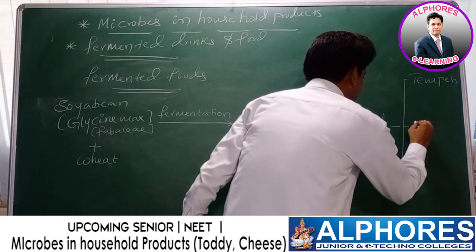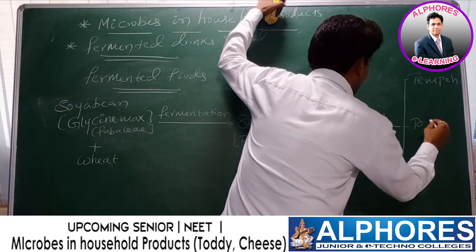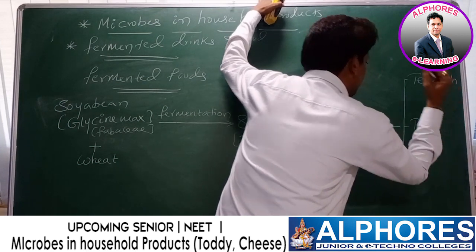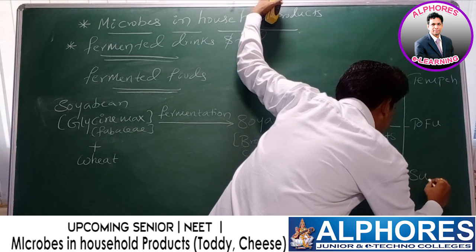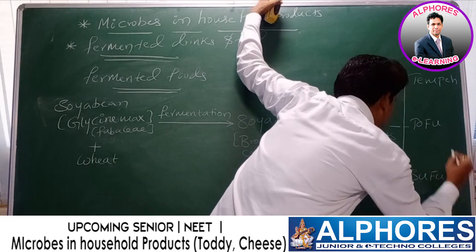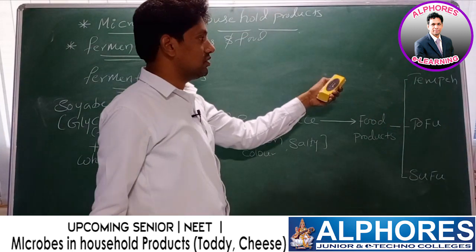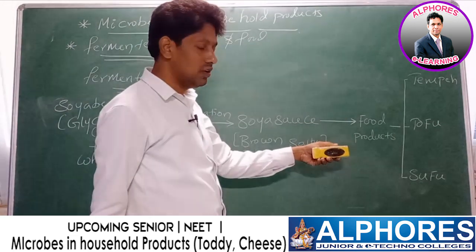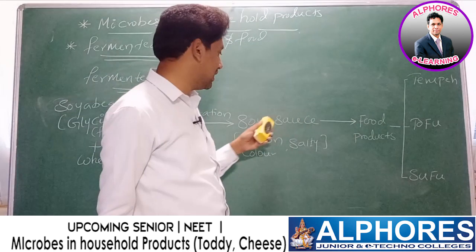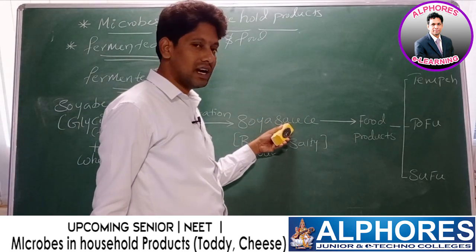Second one is tofu, T-O-F-U. And third one is sufu, S-U-F-U. Therefore, tempeh, tofu and sufu are food products obtained from soya sauce.